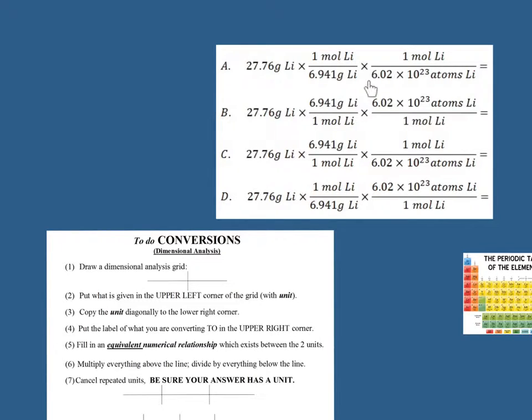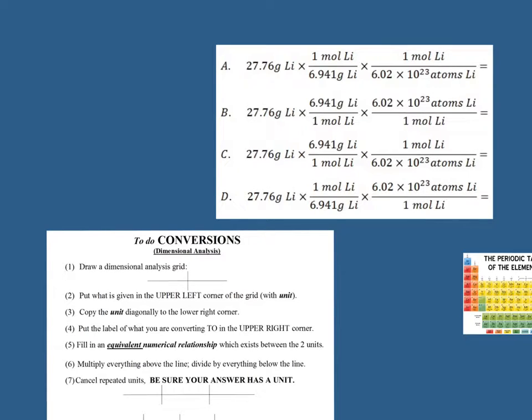And this does look a little bit different than what we've been doing in class, but remember that this is a nice, easy way to put together all of these multiple conversion factors. And so we're still following the same format with the units, and we're going to still use how those units cancel out and put equivalent numerical relationships within the structures here.